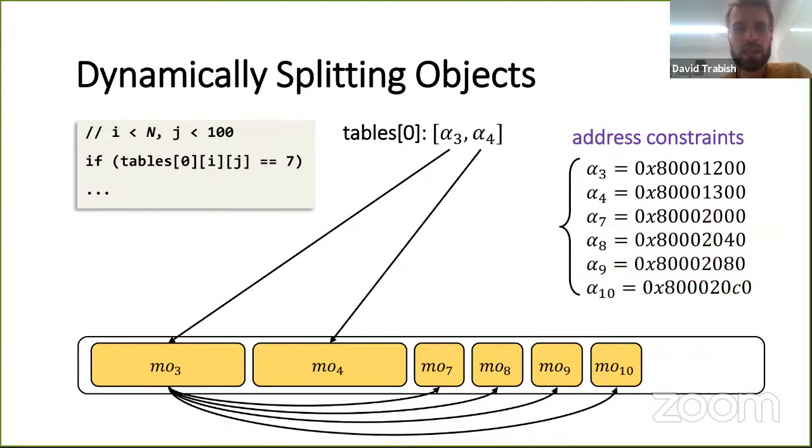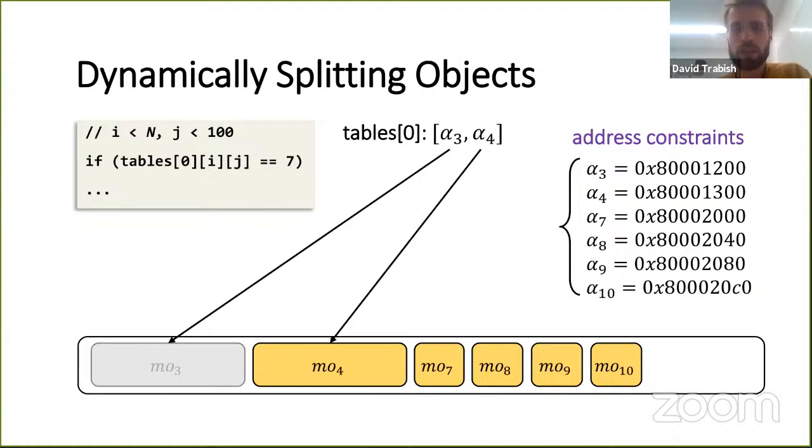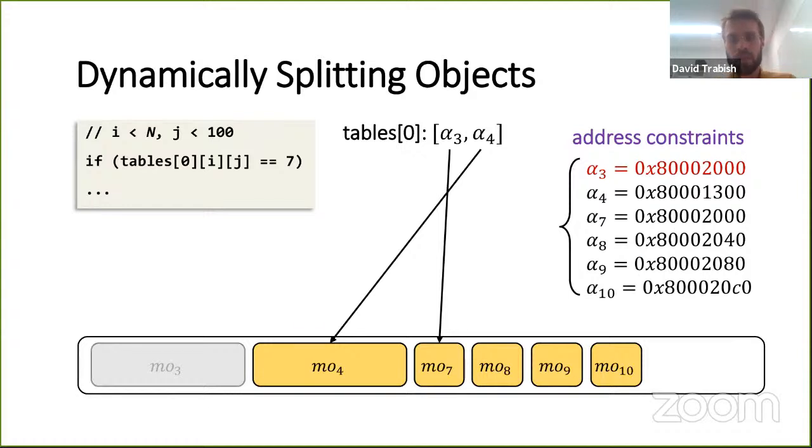As in the case of merging, we copy the contents from the original object to the relevant locations in the new objects. We deallocate the original object, and finally we update our address constraints. In this case, we only update the constraint for alpha3, so now it points to the base address of MO7, which is the first new object.